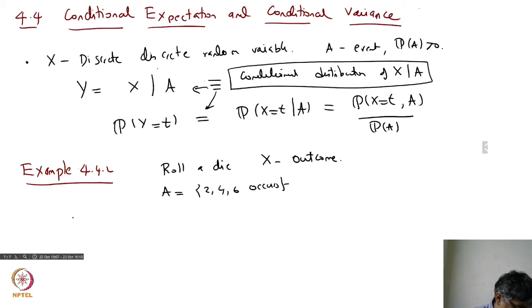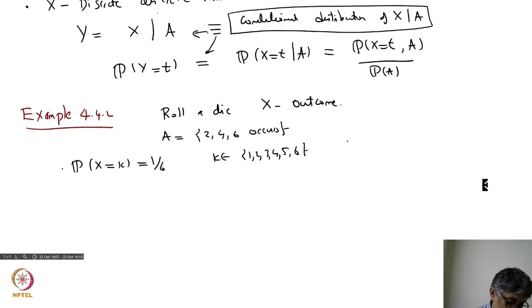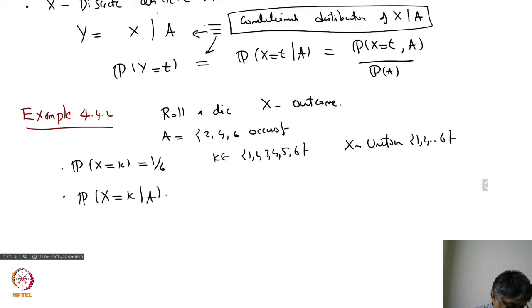Now we know that the probability of X equal to k is 1/6 a priori, for k in 1, 2, 3, 4, 5, and 6. That's just uniform. But we also want the probability of X equal to k given the event A. How do we do this?